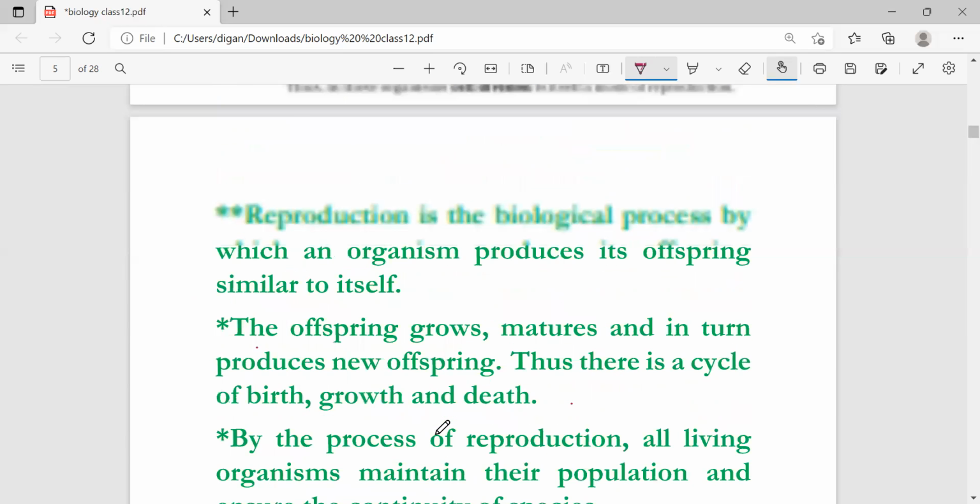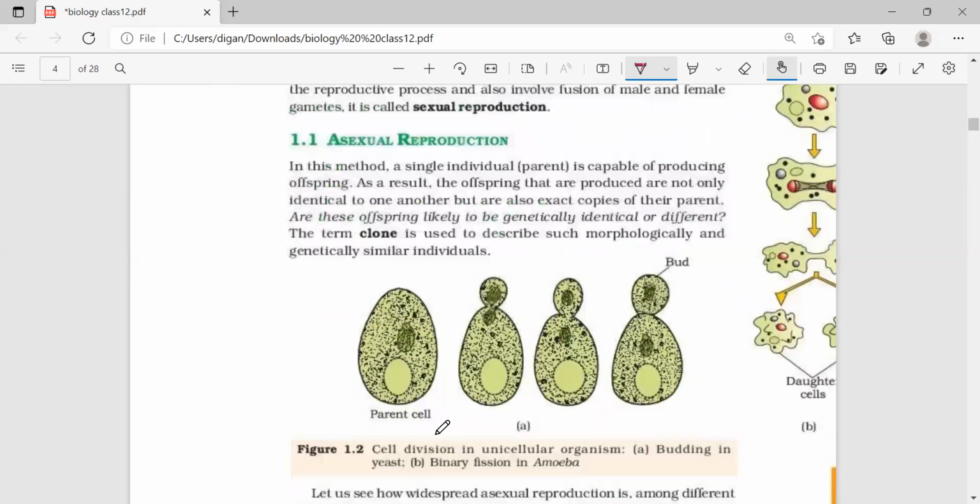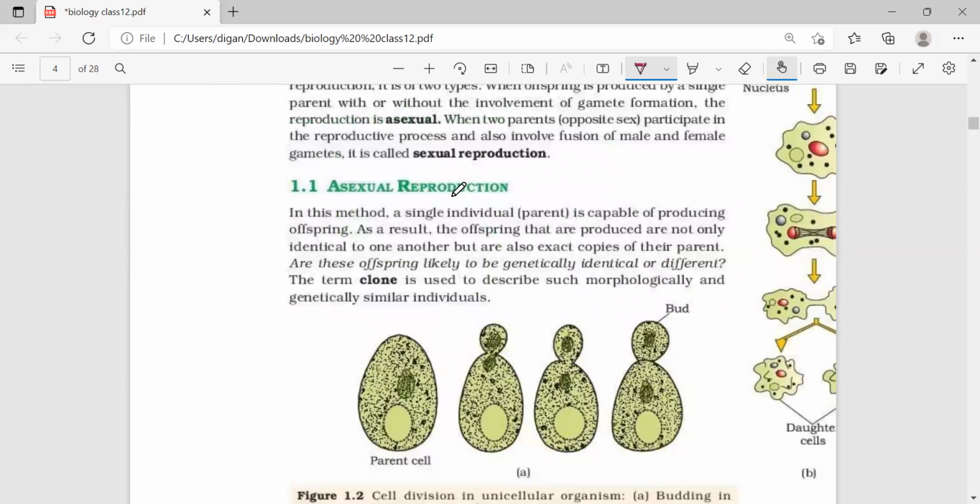Next, asexual reproduction is given here. The definition of asexual reproduction is given and the term clone is given here. In asexual reproduction, a single parent is involved, and from the single parent, daughter cells or offspring are produced.